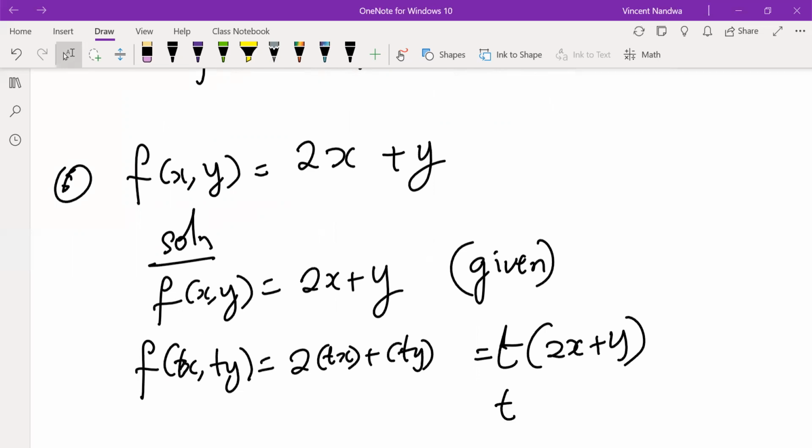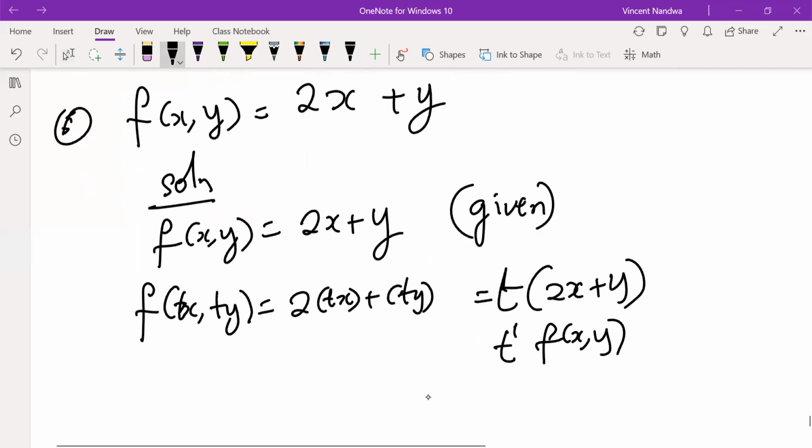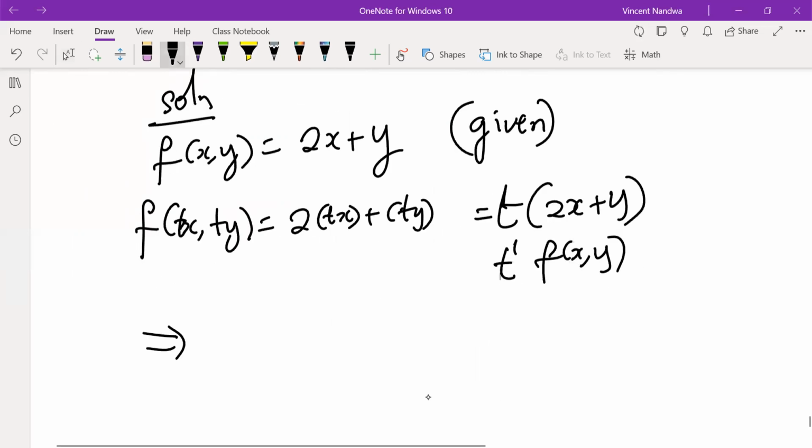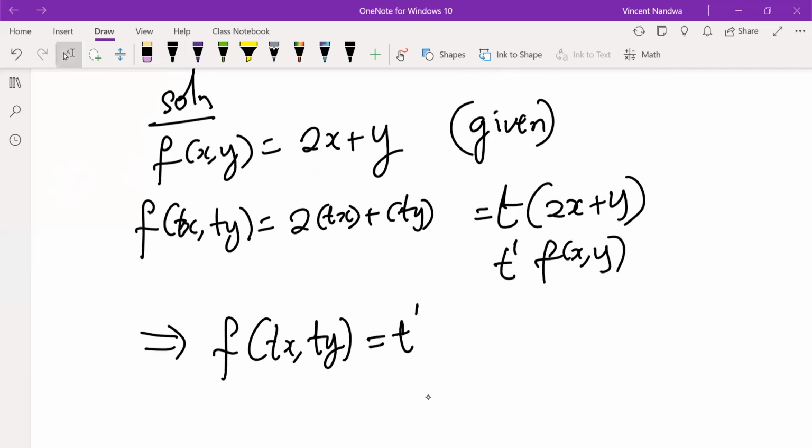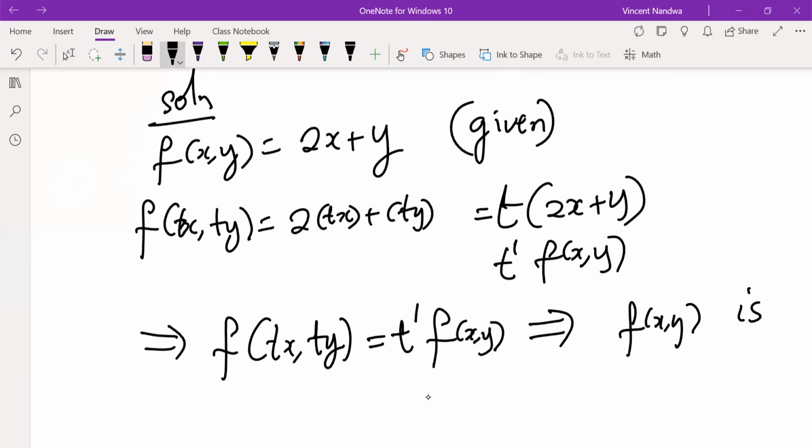And this is the same as t f of xy. You can say t power 1. So which means f of tx, ty is t power 1 f of x comma y. That confirms that f of xy is homogeneous.